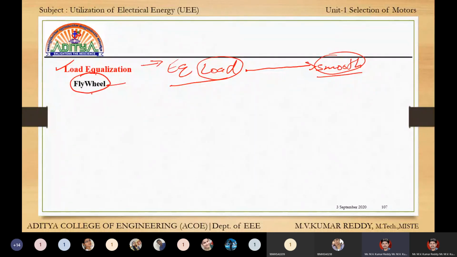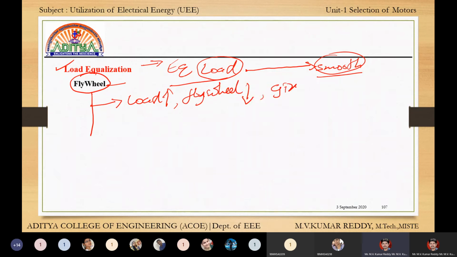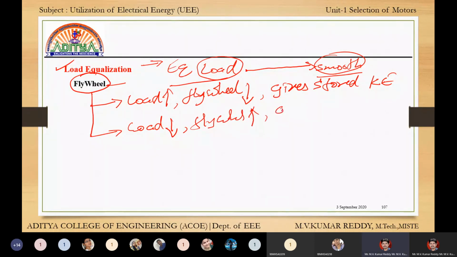This flywheel has two conditions. First condition: if load is increased on the motor, the flywheel decelerates and gives its stored kinetic energy. Next: if load is decreased on the motor, the flywheel accelerates and stores kinetic energy.